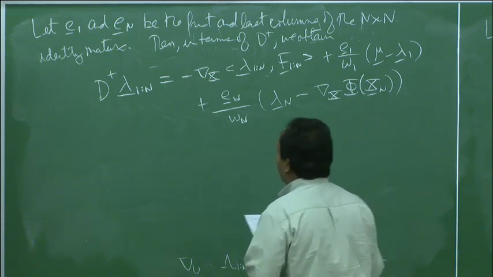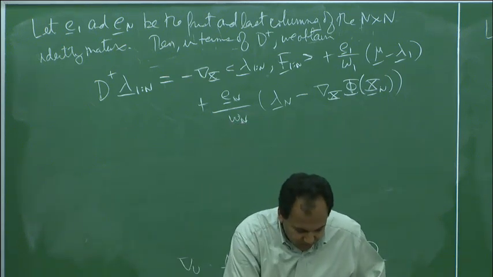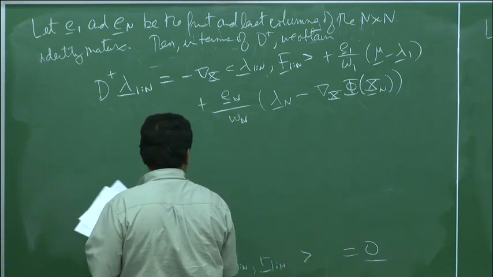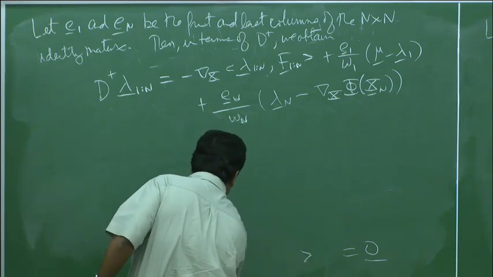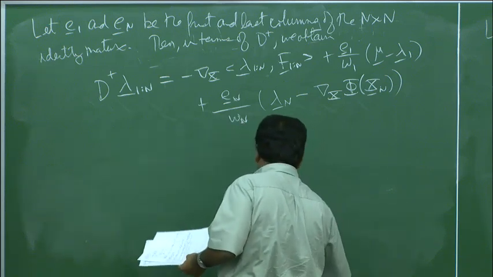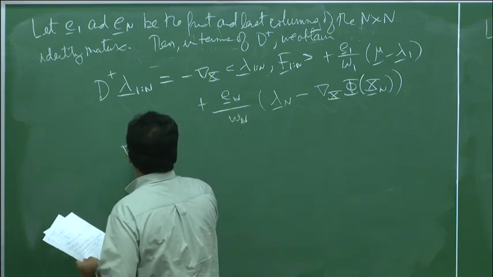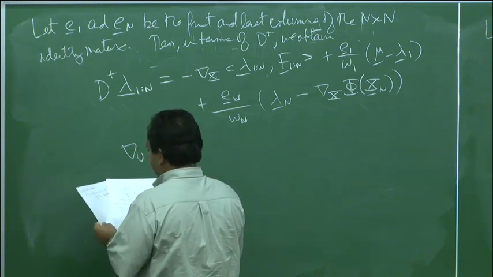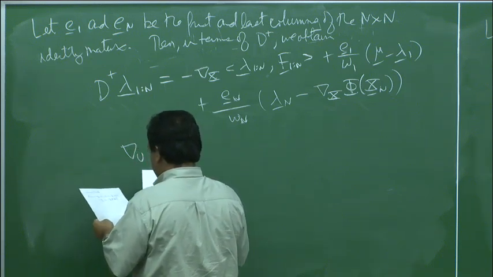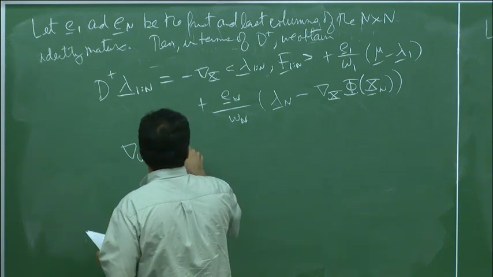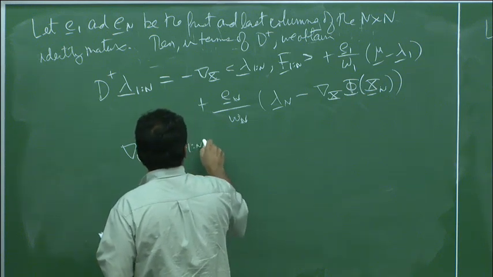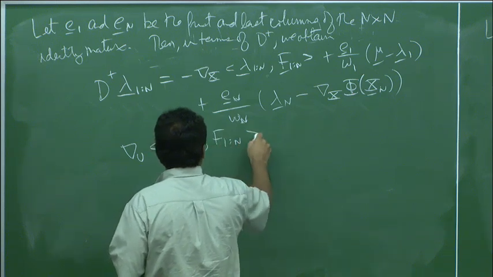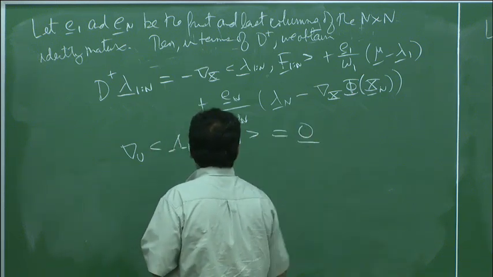And then, of course, you've still got the other expression, which doesn't change, which is that the gradient with respect to u of lambda 1 colon n with f 1 colon n has to equal 0.